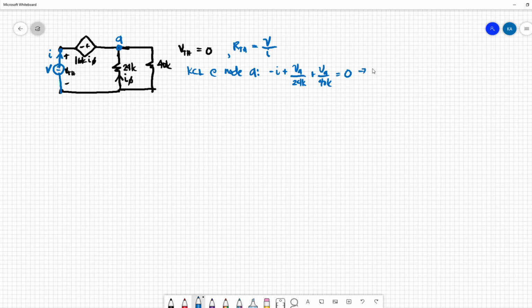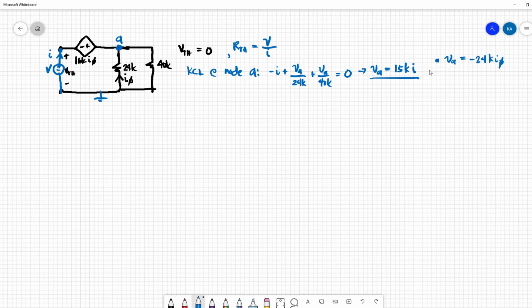Our VA is equivalent to 15k I. Take note that VA can also be expressed in terms of i phi as negative 24k i phi, using Ohm's law.